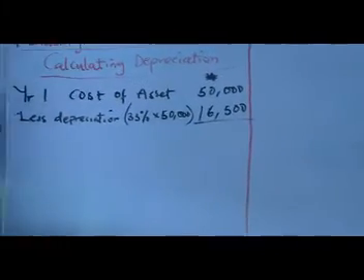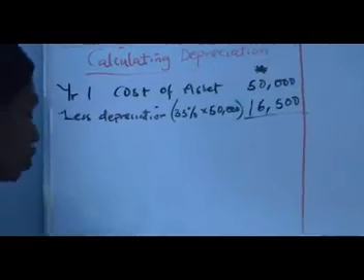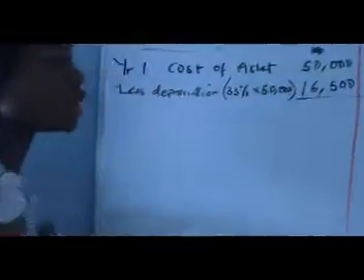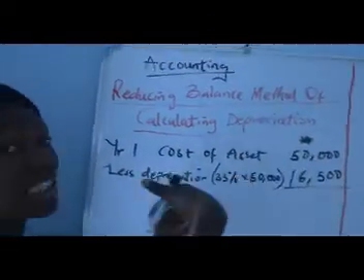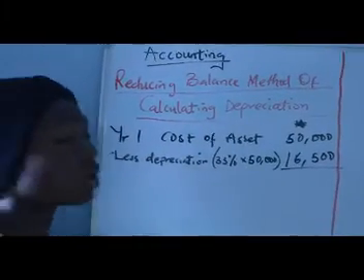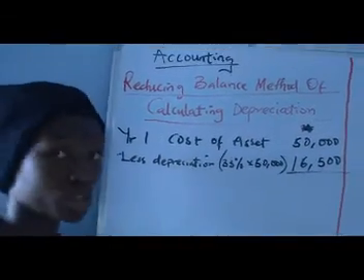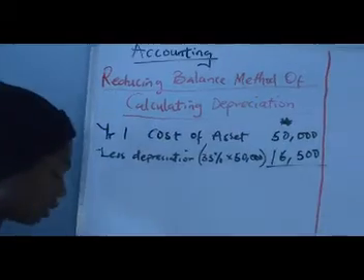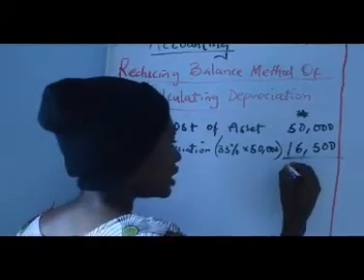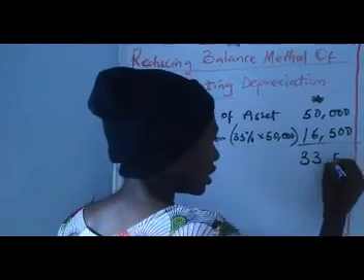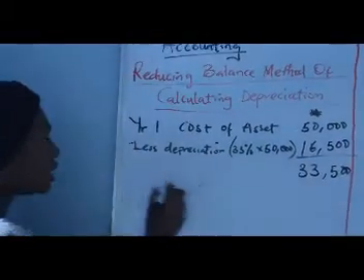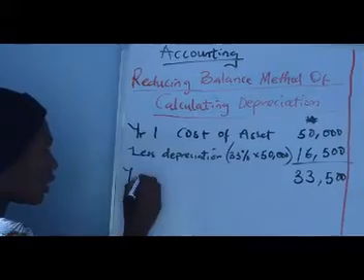That's why I said we are using the old method, okay? So we'll be lessing this. This is what an old method looks like. So you are reducing it. So every year the value of the asset is changing, it's reducing, unlike the new method where it is just constant. So now we'll be lessing this from that, and we'll be having 33,500 naira. So this now will be our cost of assets for our second year.